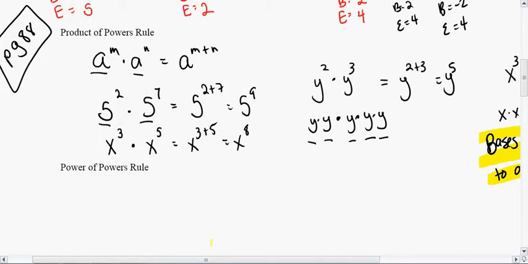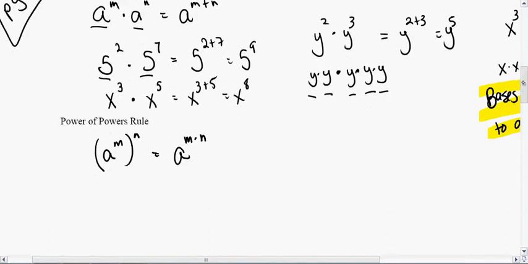There's a variation of that, kind of a shortcut, called the power of powers rule. And in your book, it looks like this: a to the m in parentheses raised to the n. That rule says if you're raising a power to another power, you can just multiply the powers together: a to the m times n.